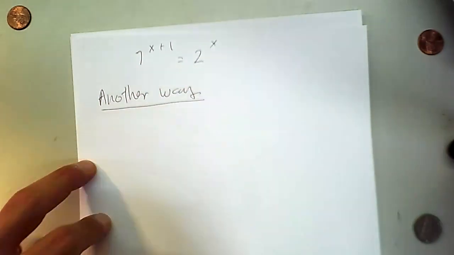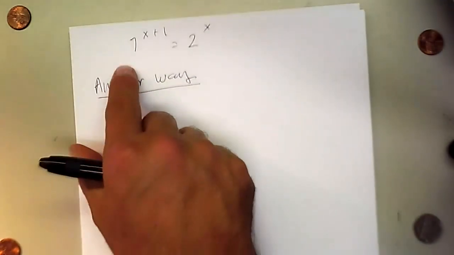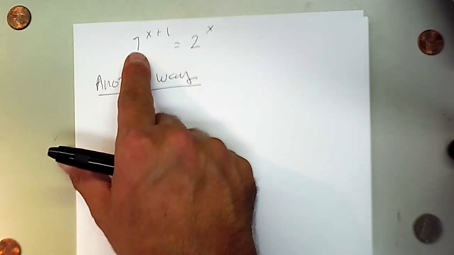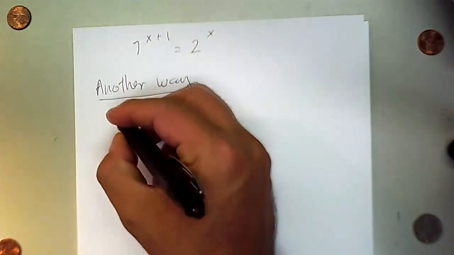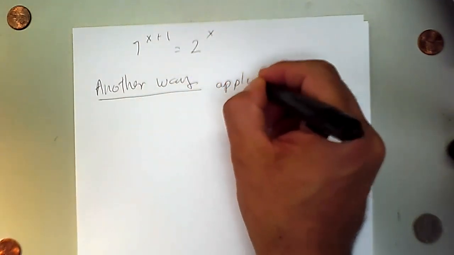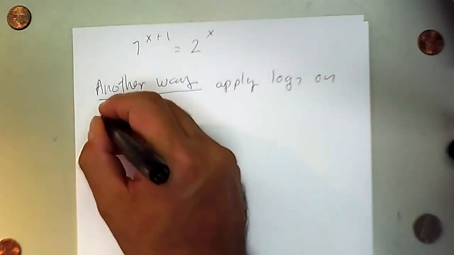Because if you ask around, they're going to say, well, I didn't want to do it that way. Why don't we get rid of the 7 immediately by doing the logarithm in base 7 on both sides of the equation? Sure. So apply logarithm base 7 on both sides.